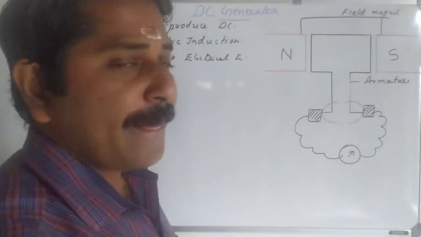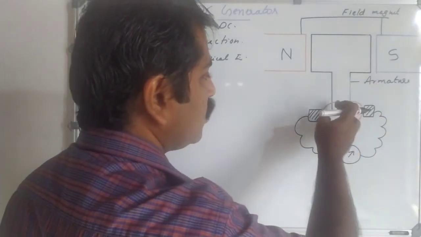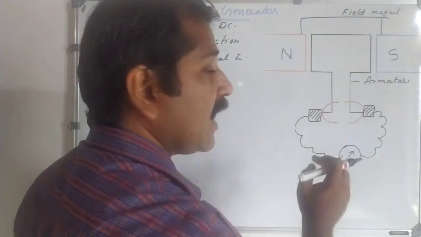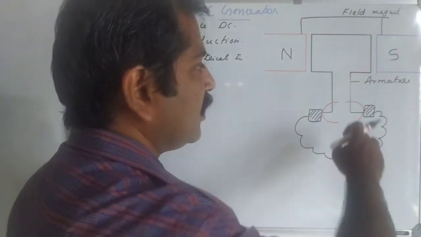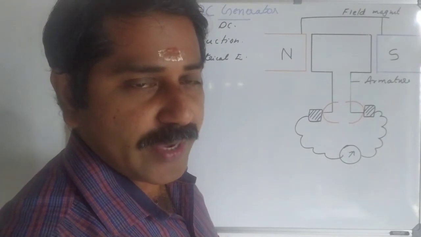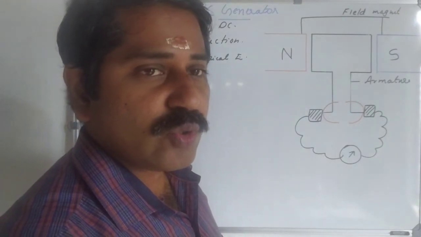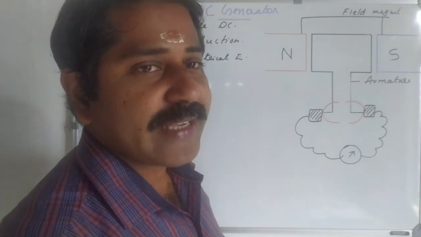Either end of this copper wire is connected to two metallic half rings. In the case of the AC generator, the two ends of the insulated copper wire were connected to two full rings, which we call slip rings.